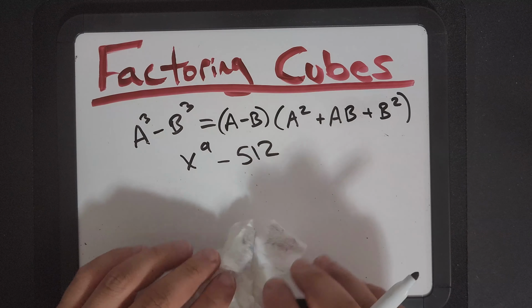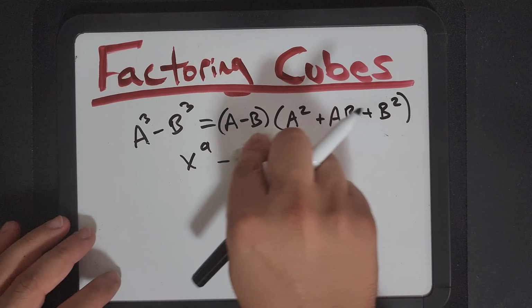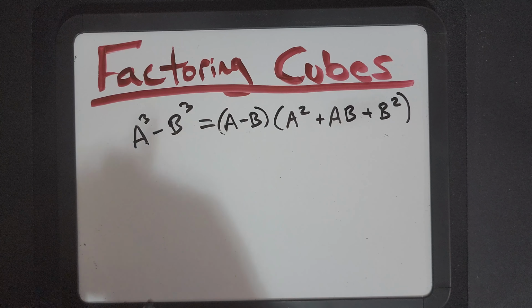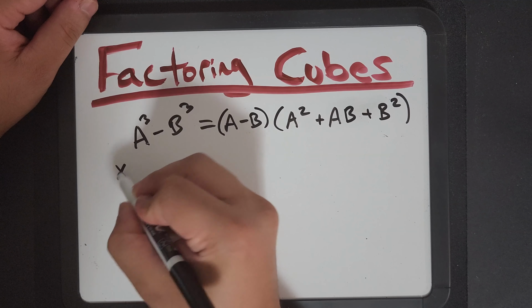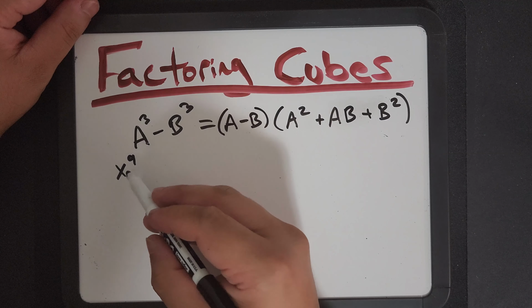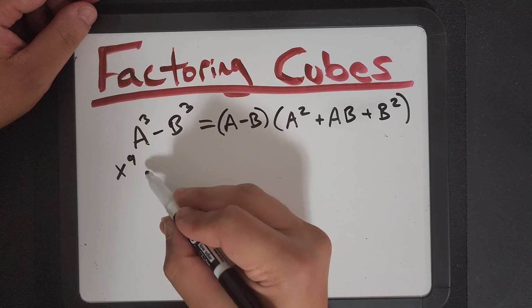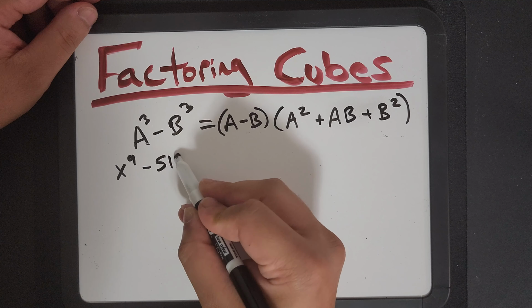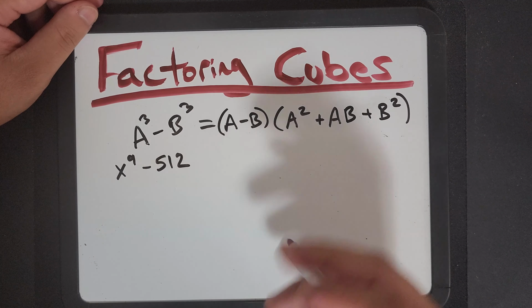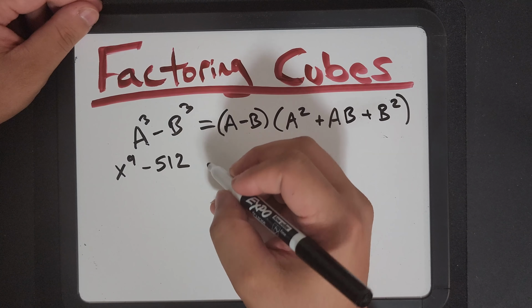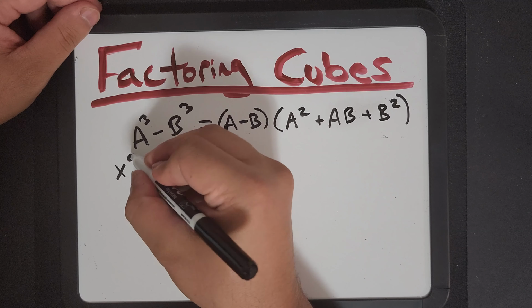Let me just move it over. X to the power of 9 minus 512. So let's see if we can do the same thing here.